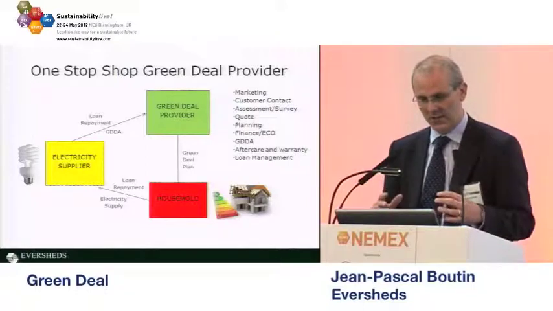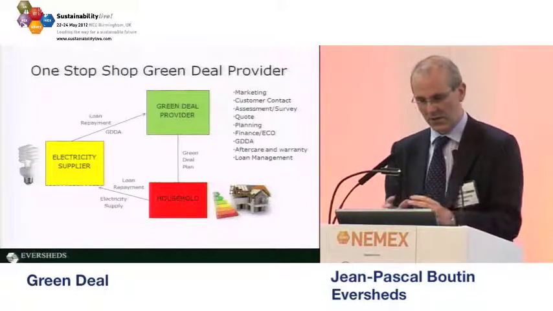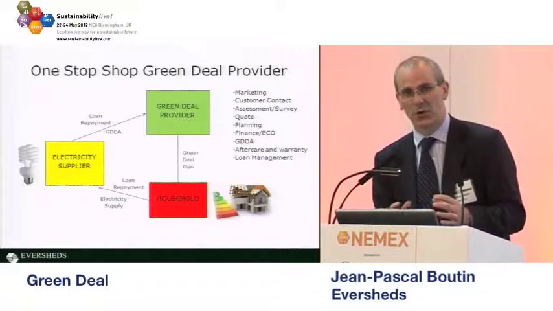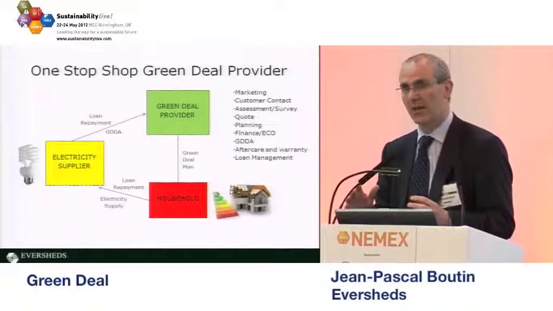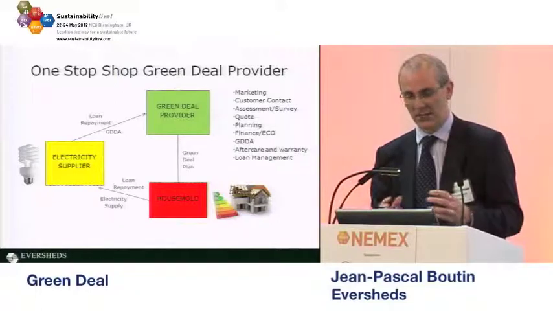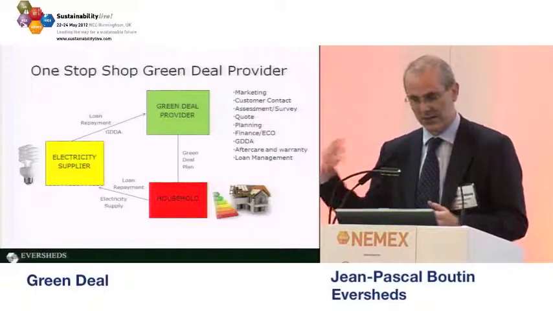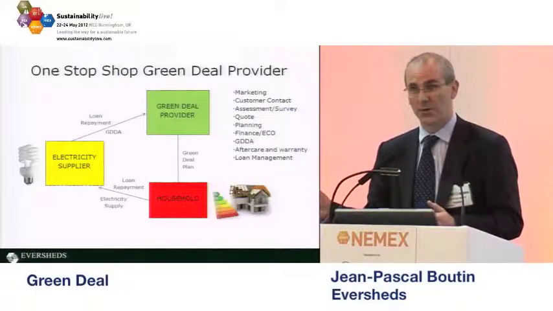So essentially this is the most basic structure where the Green Deal provider acts essentially as a one-stop shop. So here the Green Deal provider carries out all the different steps themselves. So for example, they would do the marketing, customer contact, assessment.